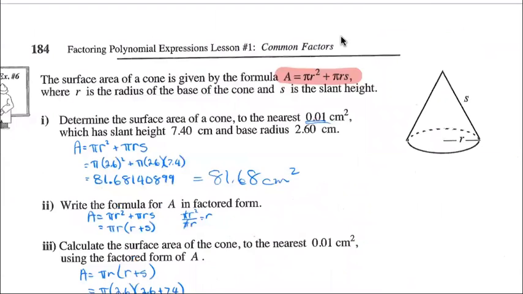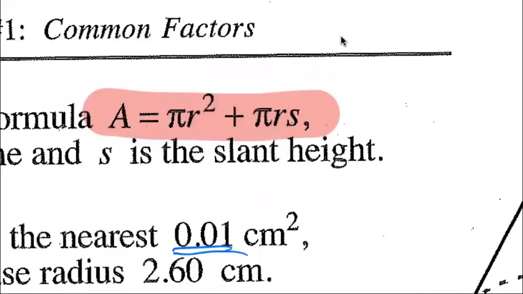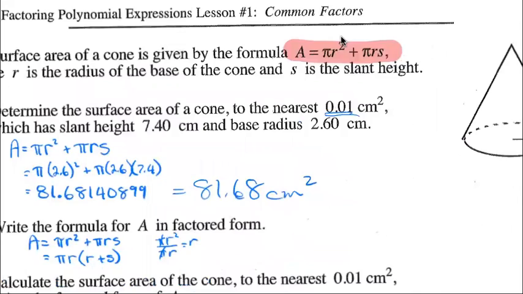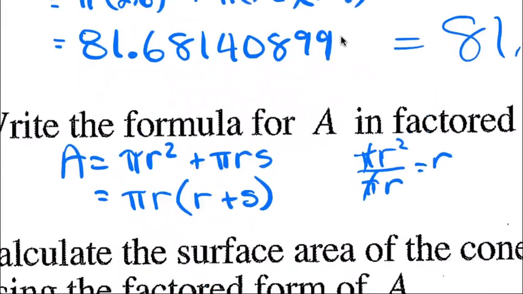Here we looked at a word problem, basically just looking at the difference between using a factored form of an equation or the equation itself. It's not super important to know the example. Just know that we're able to take this equation, area equals pi r squared plus pi r s, and factor out a greatest common factor of pi r.